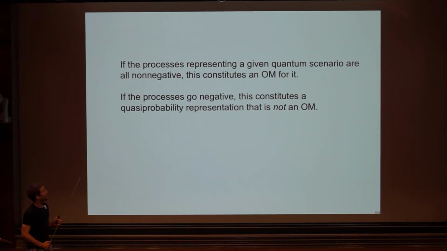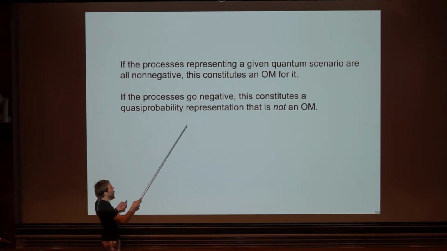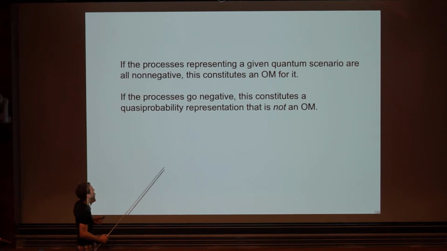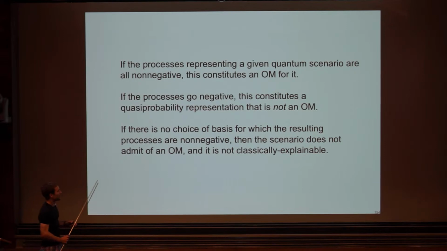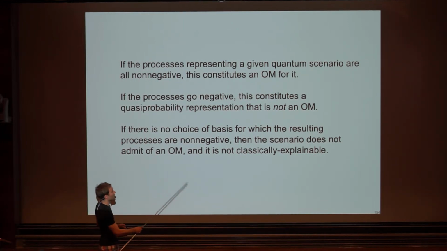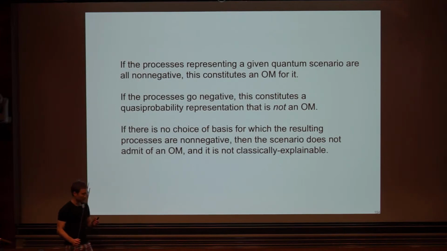If you pick one particular frame and you find that it goes negative, then this particular quasi-probability representation is not an ontological model. If you find that there's no choice of basis for which the resulting processes are non-negative, then the scenario doesn't admit of any ontological model, because they all have to have this form, which start from picking a basis and then following this construction. So this is, again, a way of getting proofs of the failure of classical explainability.